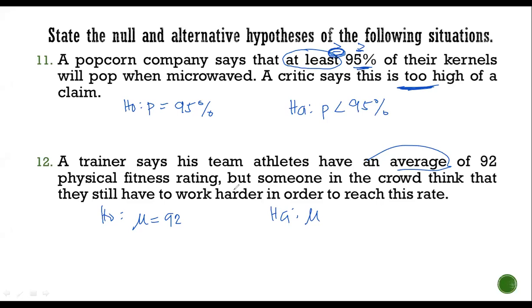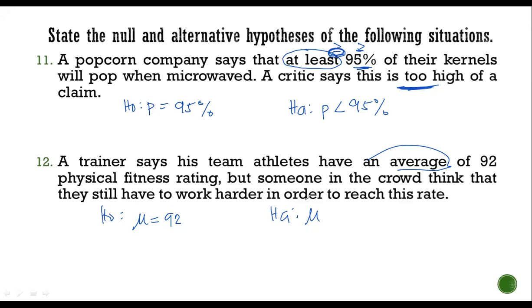Kasi alam mong masyadong mataas yung 50,000 na savings. Hindi mo kaya. That's why you need to work harder to reach it. Since masyadong mataas yung 50,000, baka you might want consider lowering your 50,000. Instead na 50,000, paano kaya yung target ko 20,000 na lang kasi masyadong mataas.